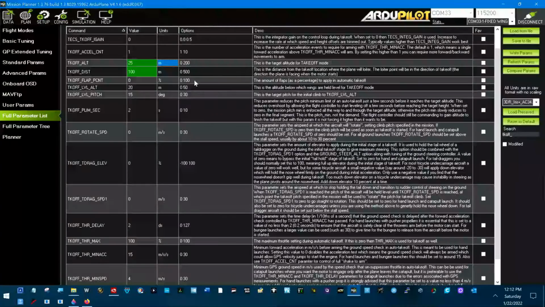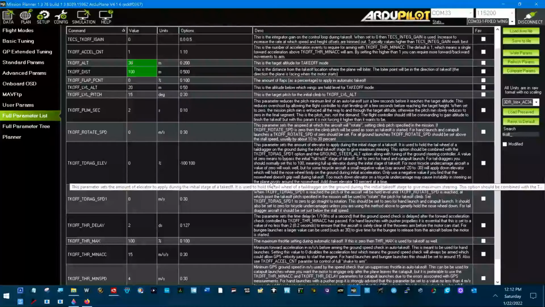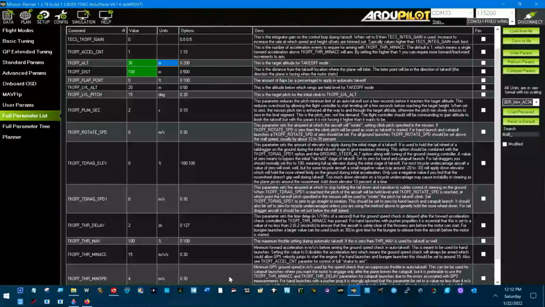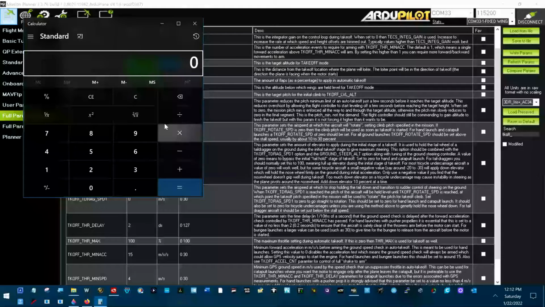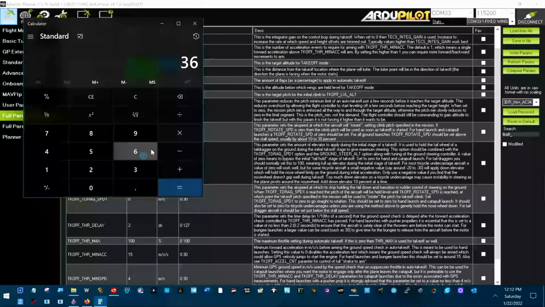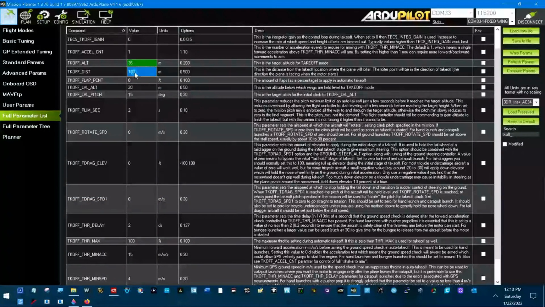So I'm going to come in here and I'm going to put 36 in here for my meters. And what should my distance be? If I want to keep the 4-to-1 ratio, it's 36 times 4, 144 meters out. So that would be 144.